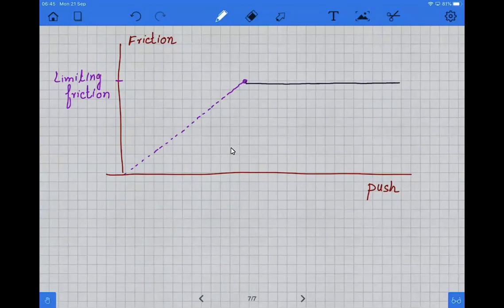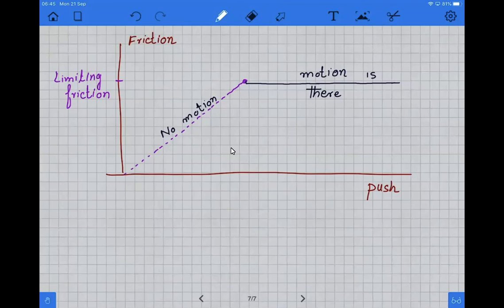And here the friction is called limiting friction or the maximum friction. Before that, in this region, there is no motion. As long as the push is less than the limiting friction, you will not achieve any motion. When the push is greater than the limiting friction, the motion will start. And once the motion has started, the friction remains constant.